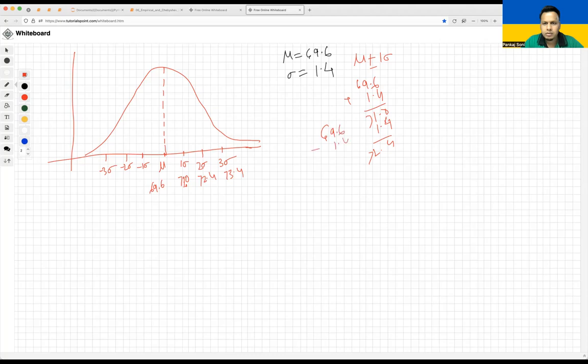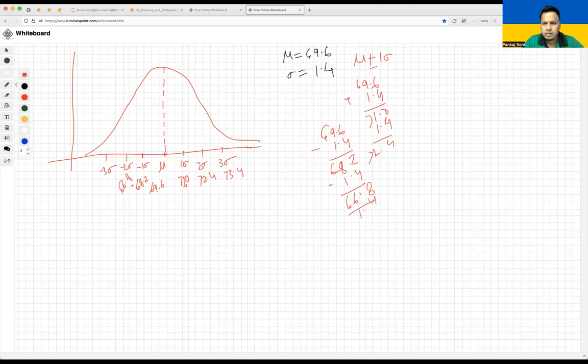69.6 minus 1.4, which is 68.2. This is your minus 1 sigma. And for minus 2 sigma, 68.2 minus 1.4 gives 66.8.